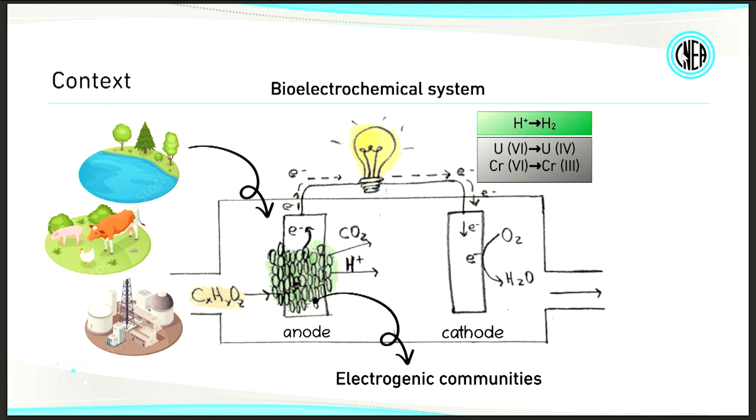And what is really interesting is that it was observed that the efficiency of the reactions that occur in these systems is mainly dependent on the members of the community. And that's why we need to understand how the members of the communities interact and what they do in the electrode.